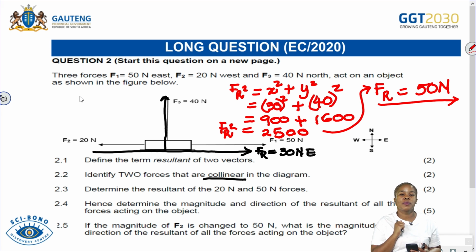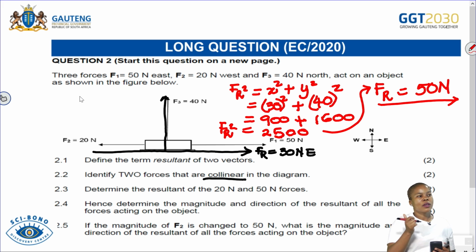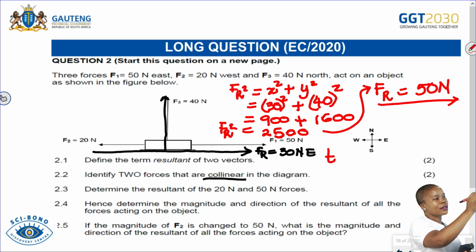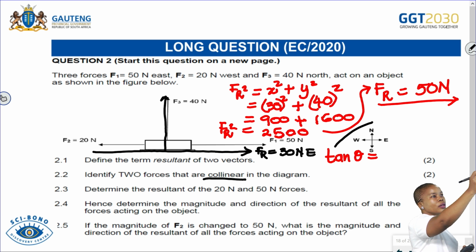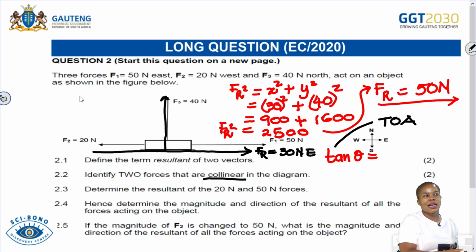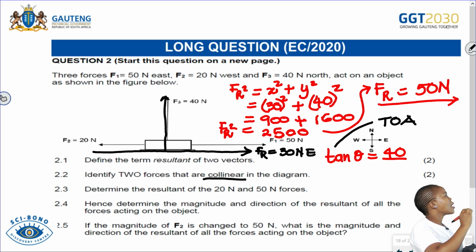In this case, it's going to be tan theta. So tan theta is equal to, to remind you, TOA: opposite over adjacent. So it's going to be 40 divided by 30.